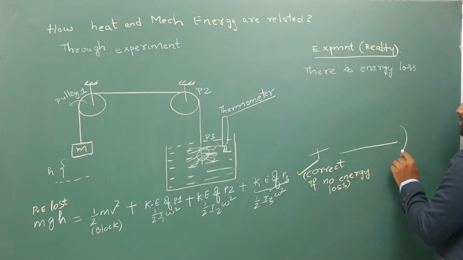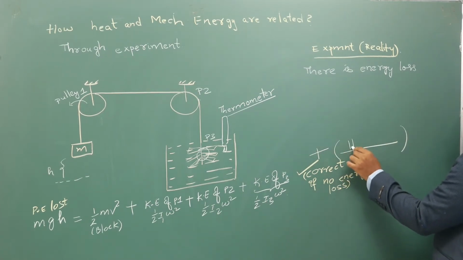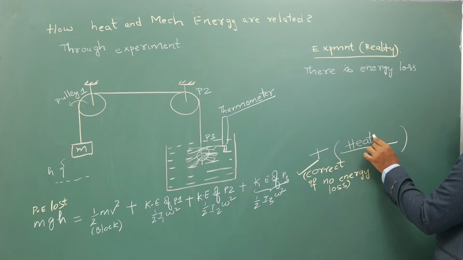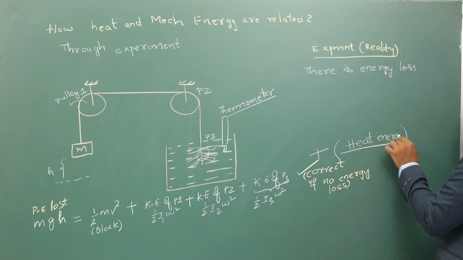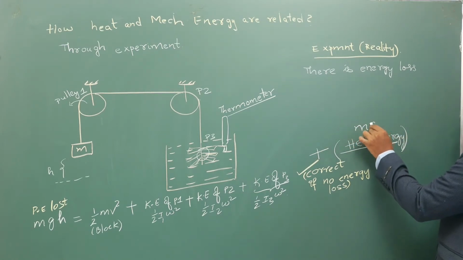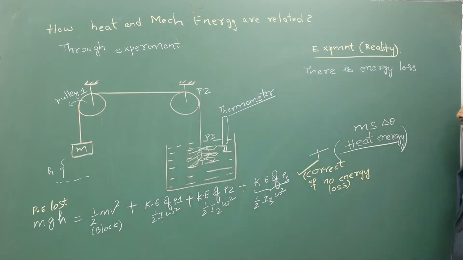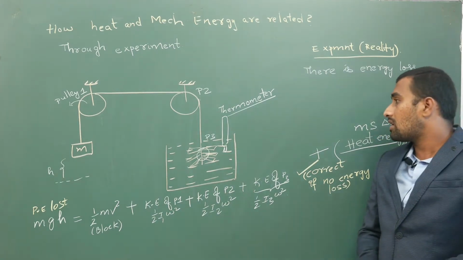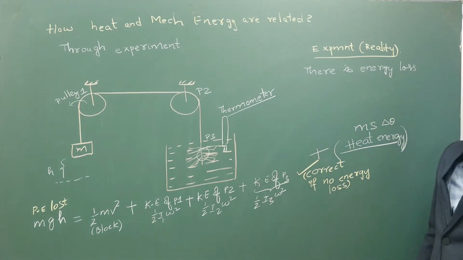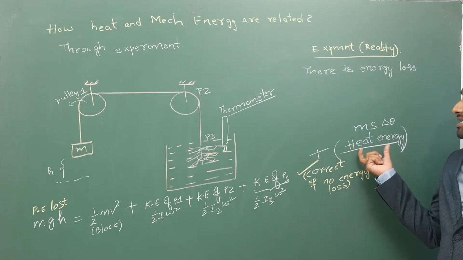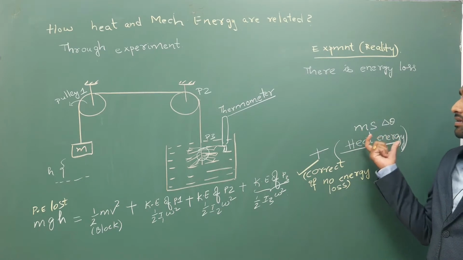This extra term is exactly the heat energy. It was mass m into specific heat into delta theta. This is not done by me; as an example I am telling you that this extra term is your heat energy.